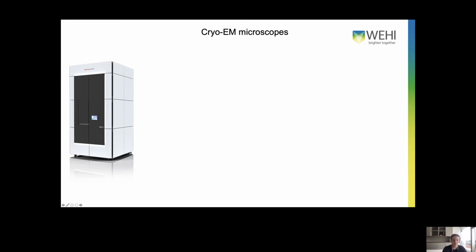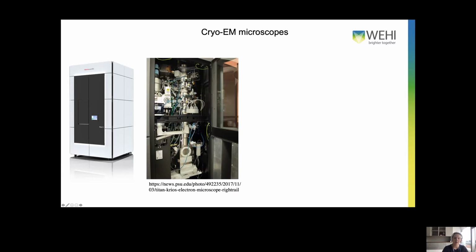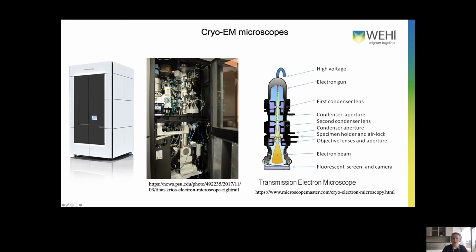So even though from the outside, the cryo microscope looks very much like a box, it is extremely complicated inside. You can see all these wires, and this is the column for the microscope, and there's a lot going on. However, if we distill this, it is also relatively simple.